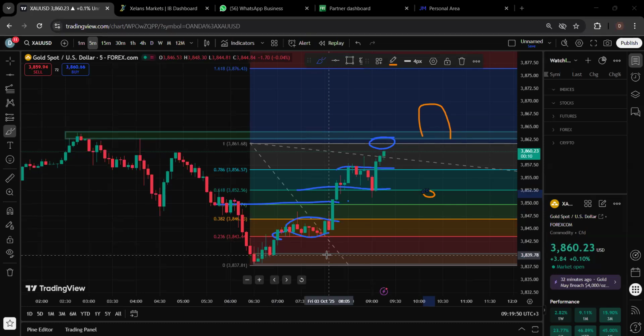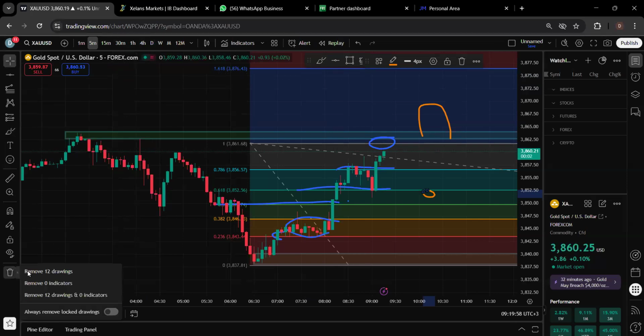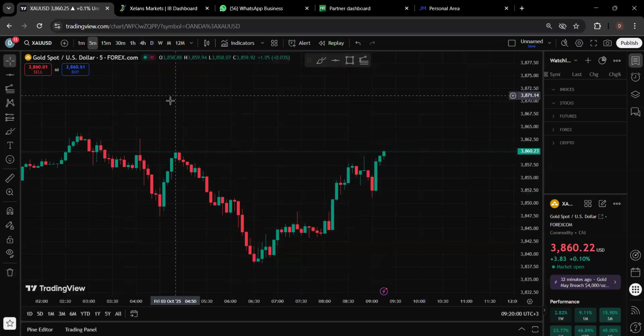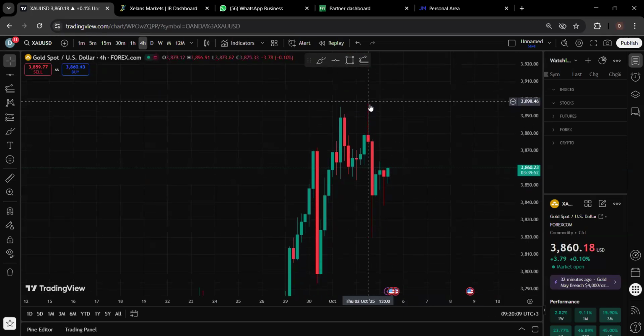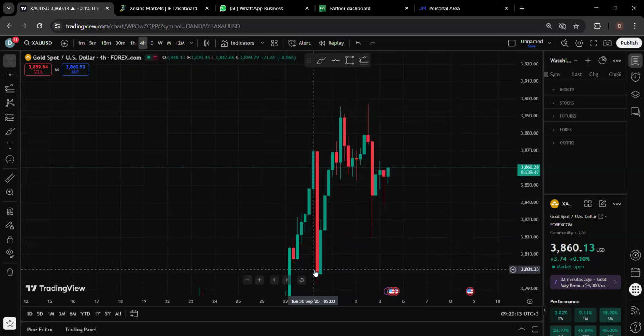Today, we do it on a higher time frame. We can do it in 30 minutes. You can also do it in the 4 hours. Even 4 hours will be much better because you'll have a bigger picture. If I'm using 4 hours, I'm going to identify my tallest point and this lowest point here.